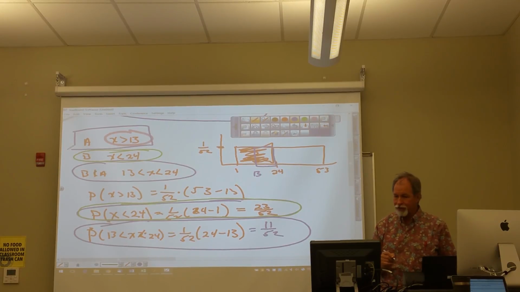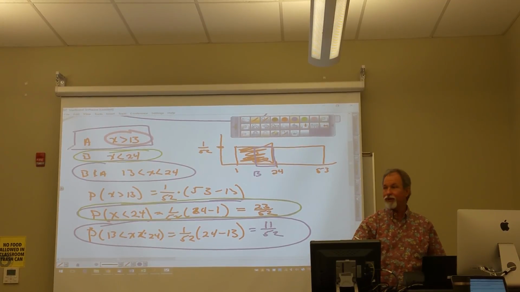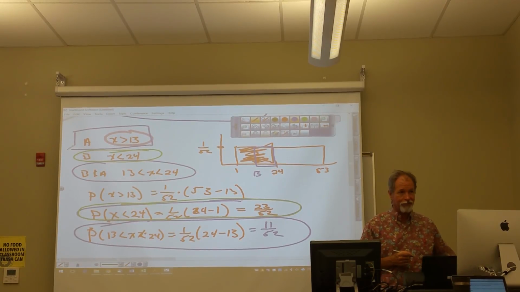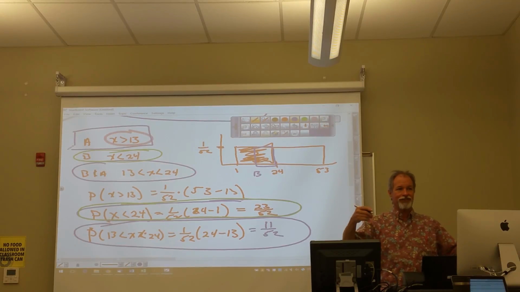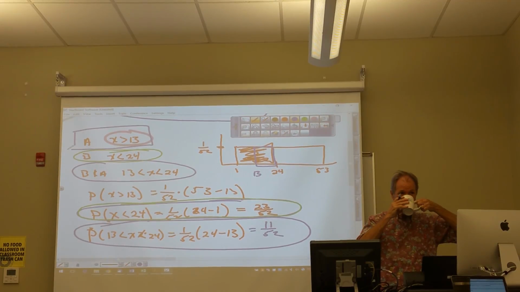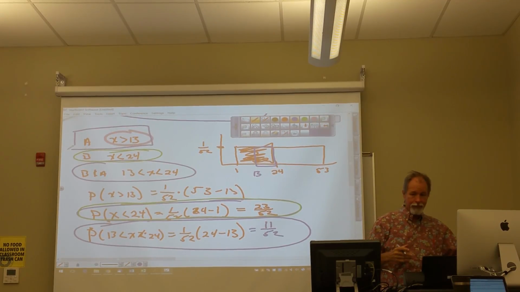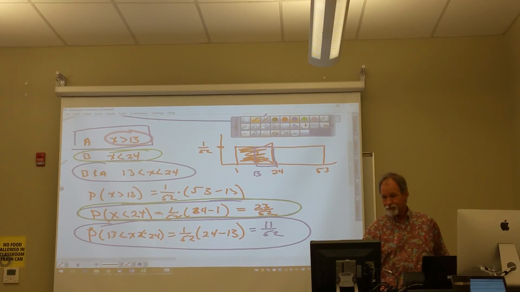I need the probability of B and the probability of A and B. I really don't need the probability of A. I wrote them all down just because those were the three pieces that I have to work with. That to me was probably one of the trickier ones on there. I got it. Okay.